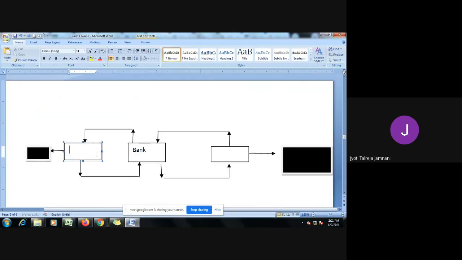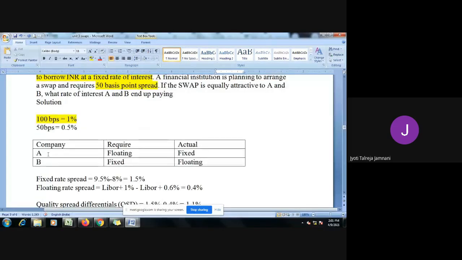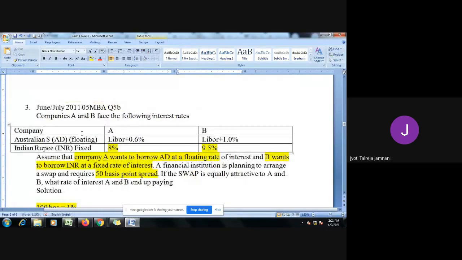So here we have company A, company B. Whatever they get in actual, we pay it in the open market. So we'll see the table. In actual, A is getting fixed rate. So we will see what is A's fixed rate. For A, the fixed rate is 8%, INR fixed 8%.